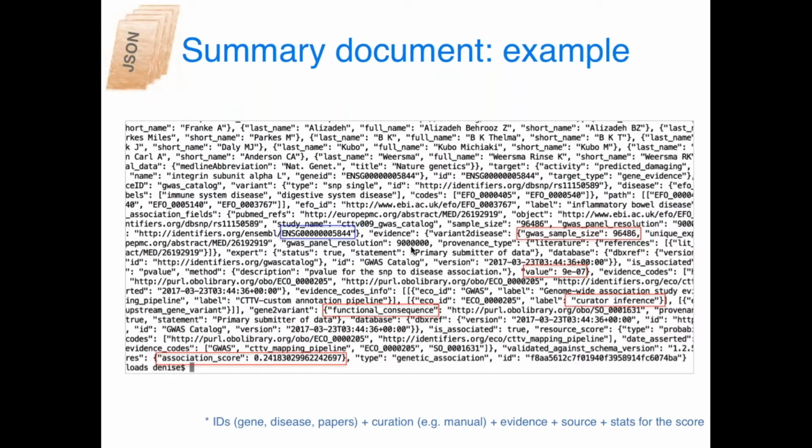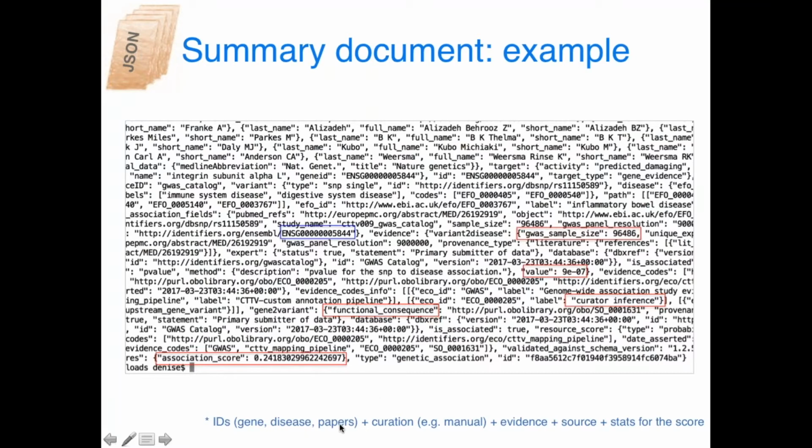So you may wonder, what does this JSON file or JSON summary document look like? This is an example coming from the GWAS catalog. We work very much in collaboration with all of those data providers, so that they can give us the pieces of information that are relevant to us. For example, we want to know the gene ID for a given target or the EFO ID for a given disease.